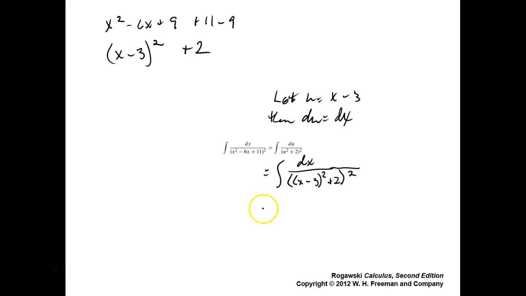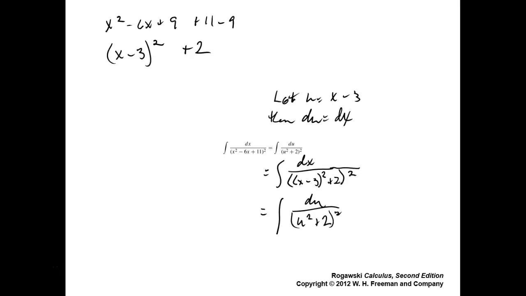So now we have the integral, you don't have any limits on it, du, because your dx is du, and your u was x minus 3, so this is u squared plus 2 squared. And that's how they got there. They went straight from the form to that without telling you how they got there. Okay, so this is how they got there.